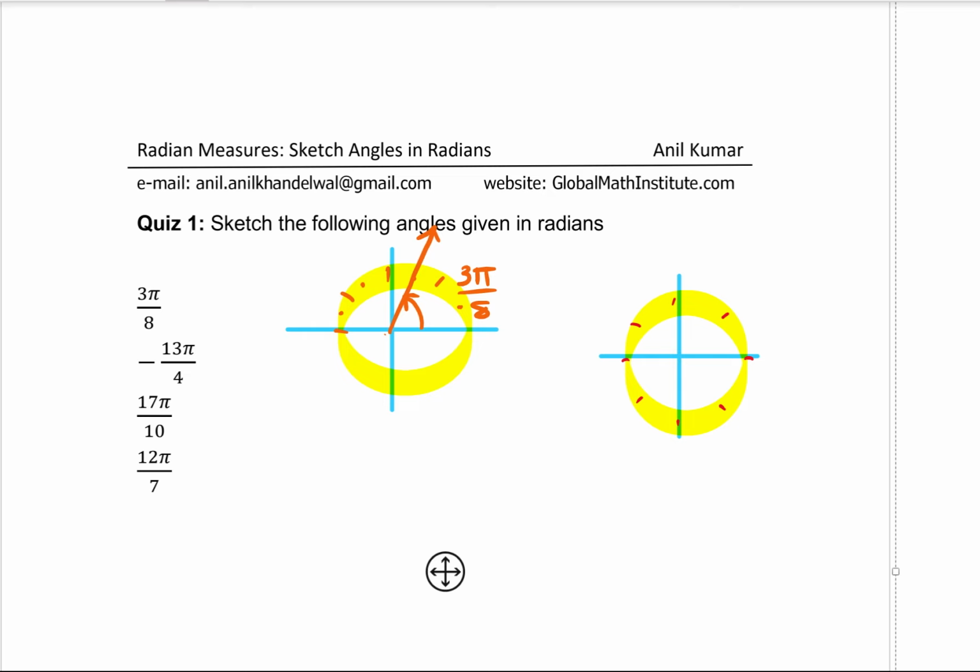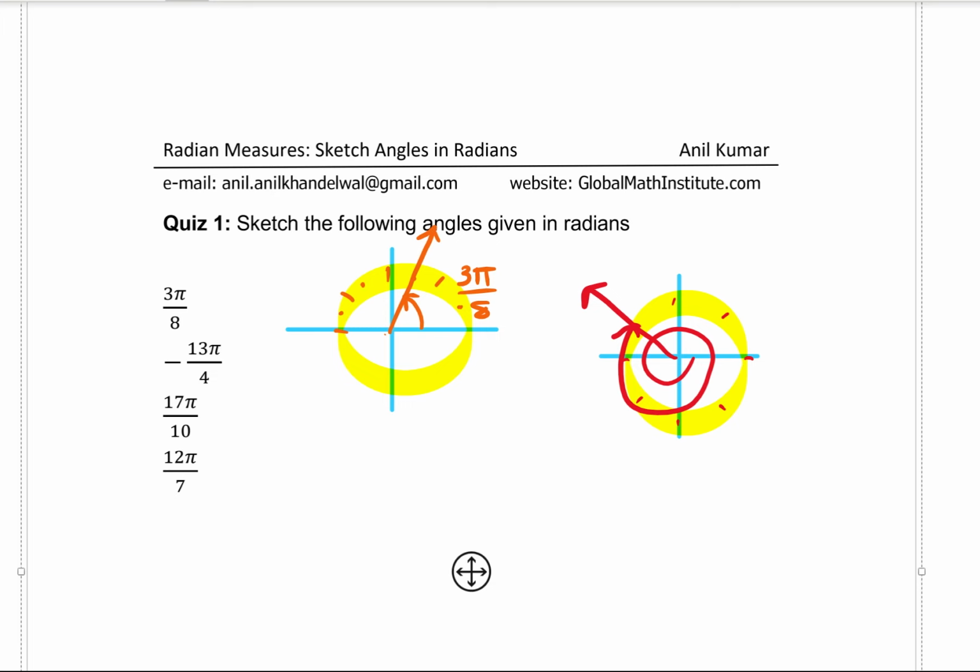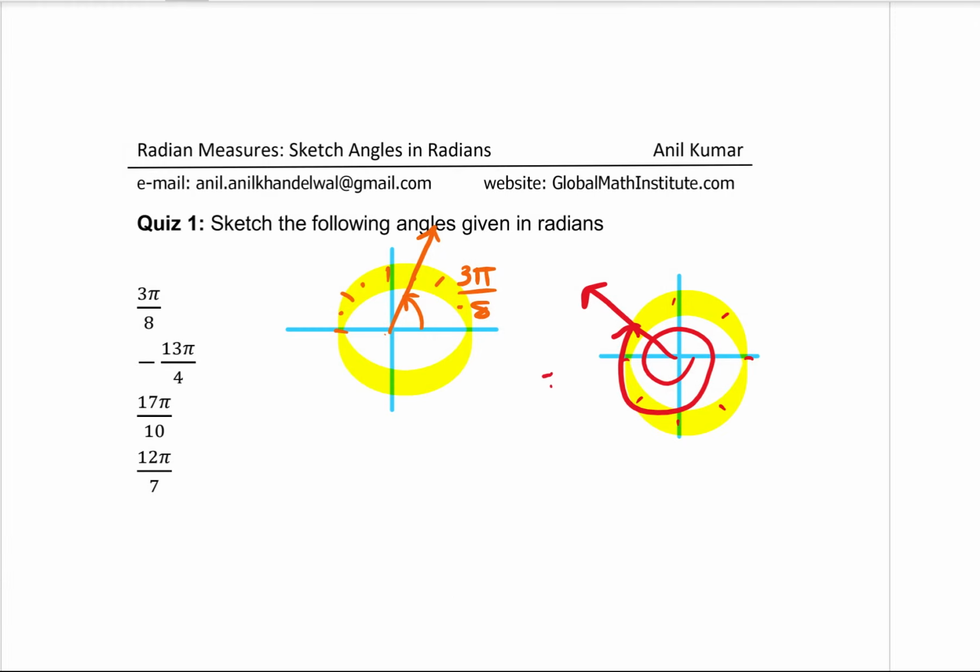So one full circle means 8. And then each half is 4. So 4 and 4, 8, and 4, 12, and one more. So that means what you're expecting is kind of like this. So you'll go kind of like this to get to the result, which is minus 13 pi by 4. Is that clear to you?